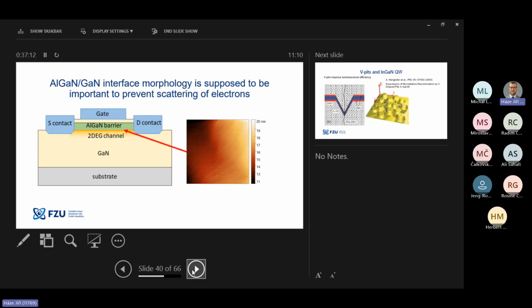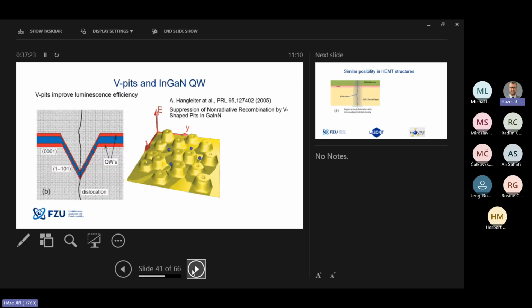But unfortunately, we observed that with a flat surface, we always get worse performance, worse mobility. And it was really interesting. And if we grew a V-pit on this interface, we got better results, better mobility. So we were quite surprised why it is.